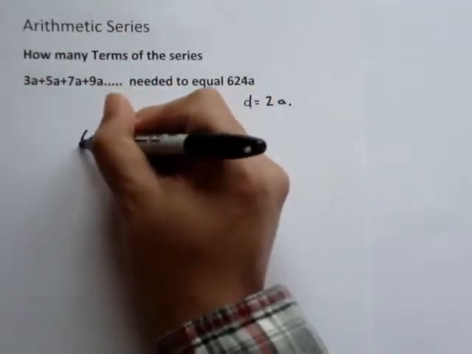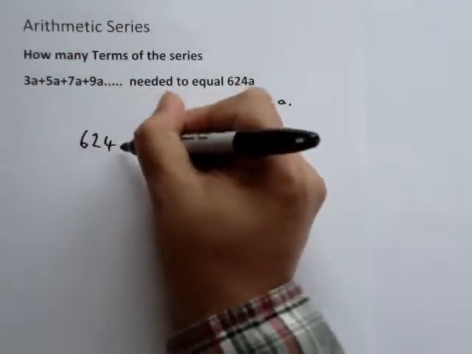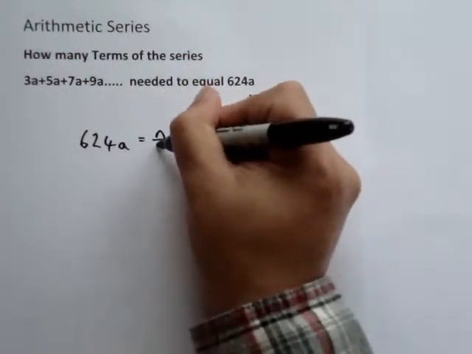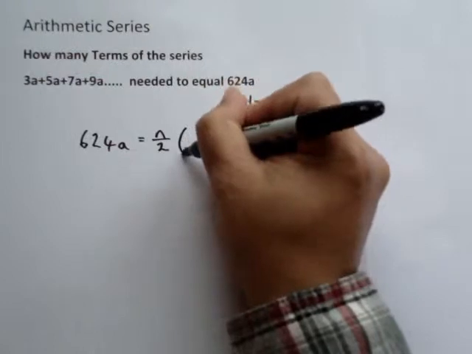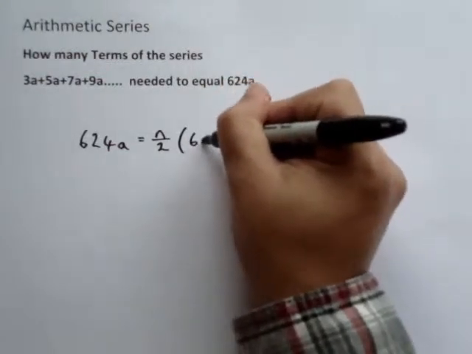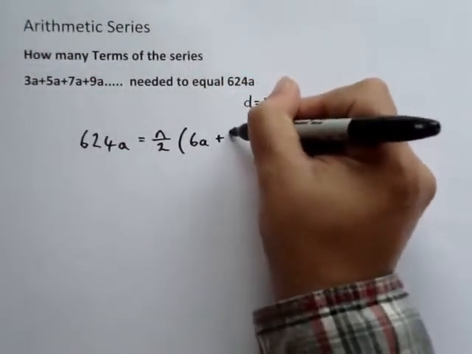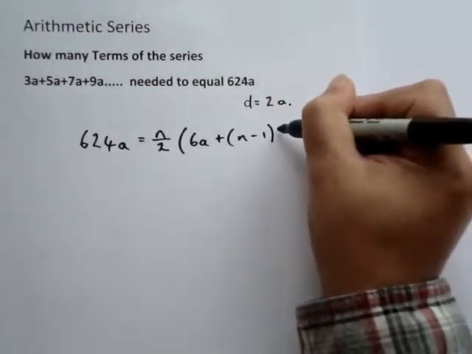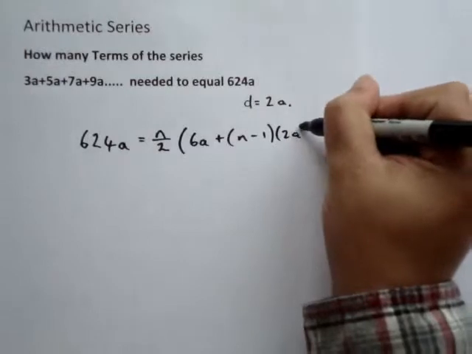So 624a equals n over 2 times 6a plus n minus 1, and our difference, which was 2a.